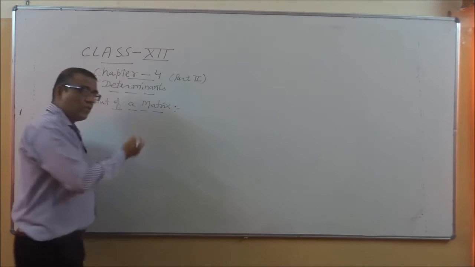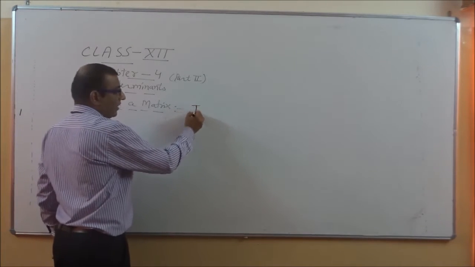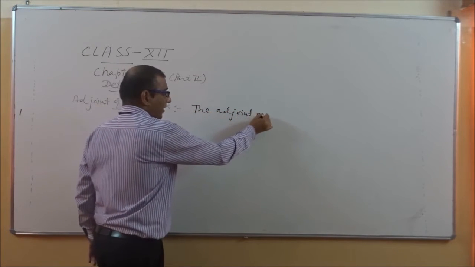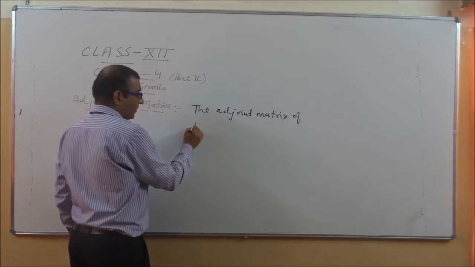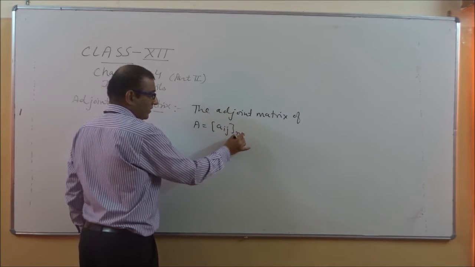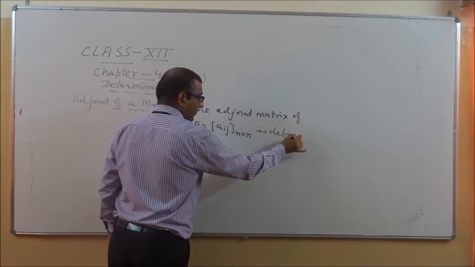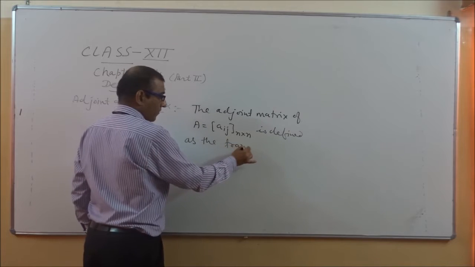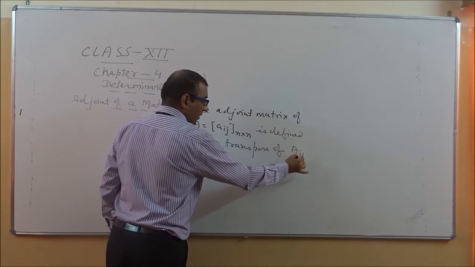In this concept, you will write the adjoint matrix of capital A equals Aij is defined as the transpose of capital Aij.